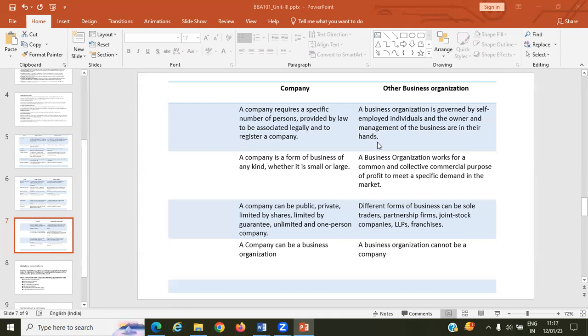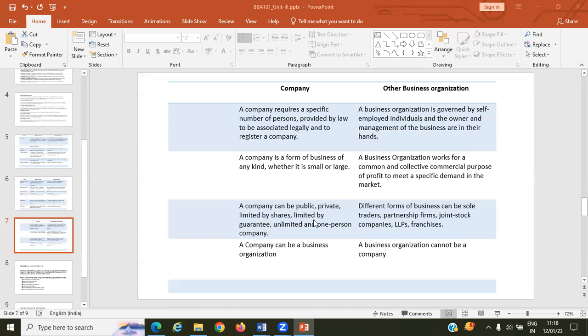Business organizations are doing their work for their objectives without registration. Not necessarily will they register or follow the government rule. But they have a common objective, a common goal to work on.